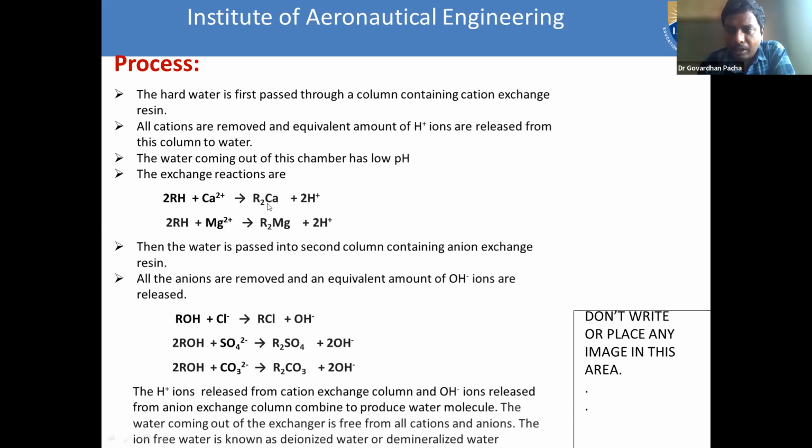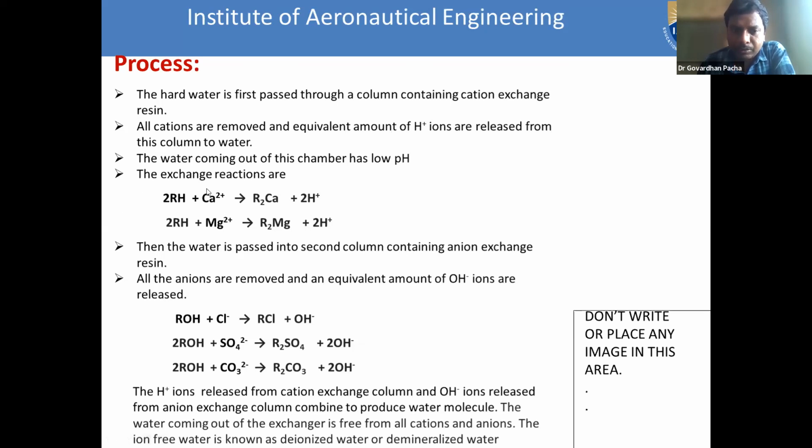So the product is R2Ca. By balancing the chemical equation, 2 moles of the cation exchange resin RH react with Ca2+ to give R2Ca and release 2 moles of H plus ions.